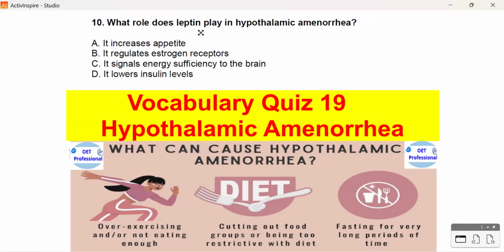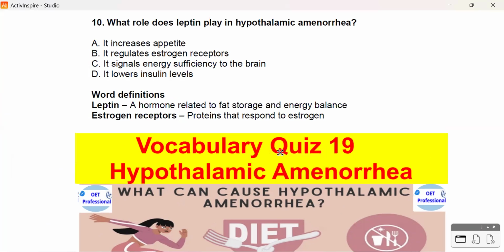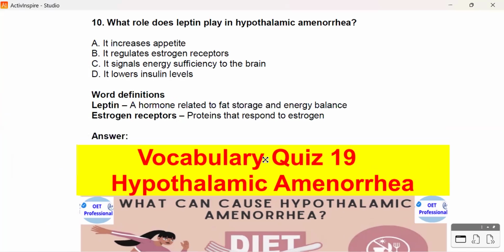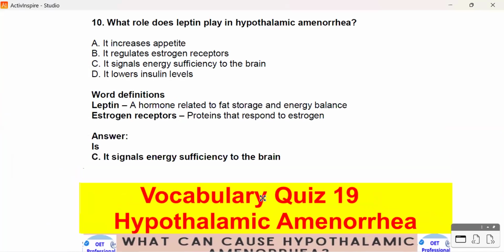What role does leptin play in hypothalamic amenorrhea? It increases appetite, it regulates estrogen receptors, it signals energy sufficiency to the brain, it lowers insulin levels. The correct answer is C. It signals energy sufficiency to the brain.